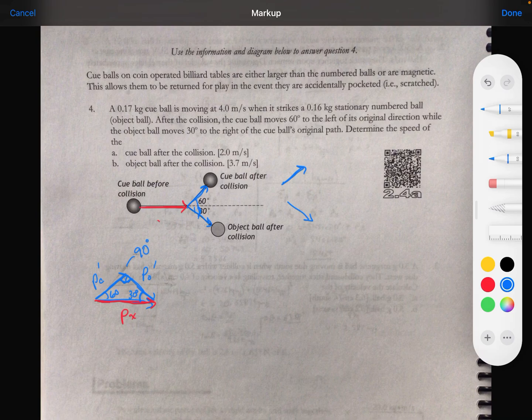So as soon as we have that, we have two angles, we have our hypotenuse, so I should be able to find the values of this and this just by using the value of my hypotenuse, which is the momentum of the cue ball beforehand. We have the mass and the velocity of the cue ball beforehand, so we should be able to get that momentum, which is right there, and then we can find the two sides of our right angle triangle, and that's how you do that.